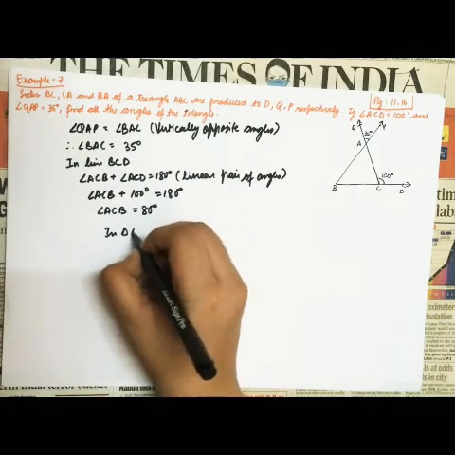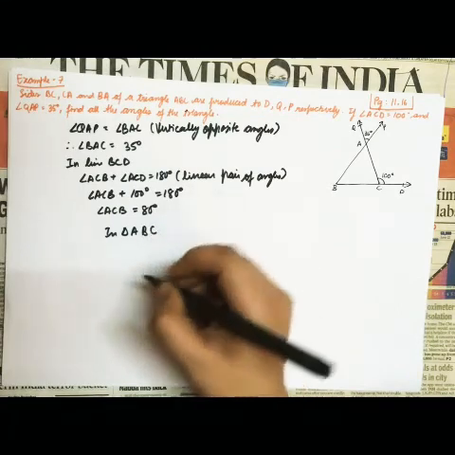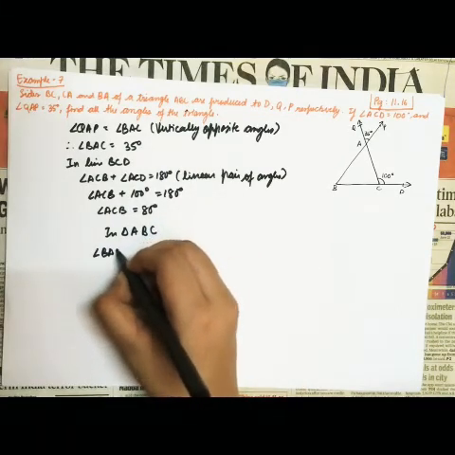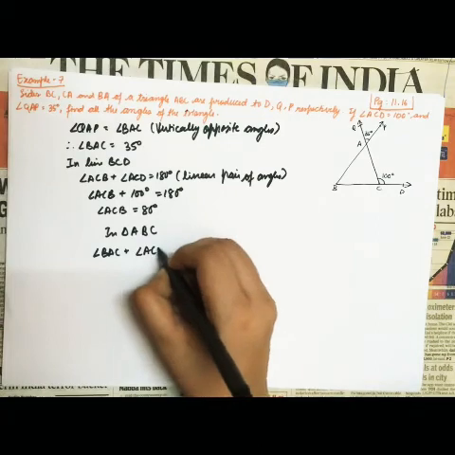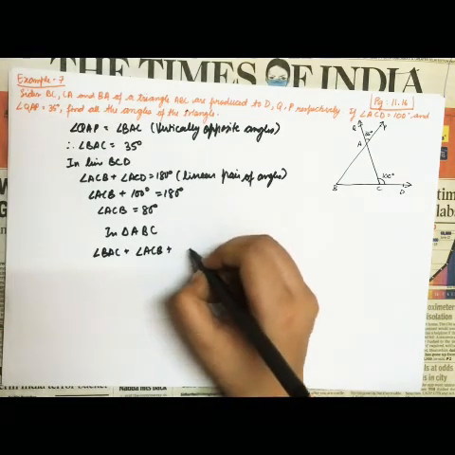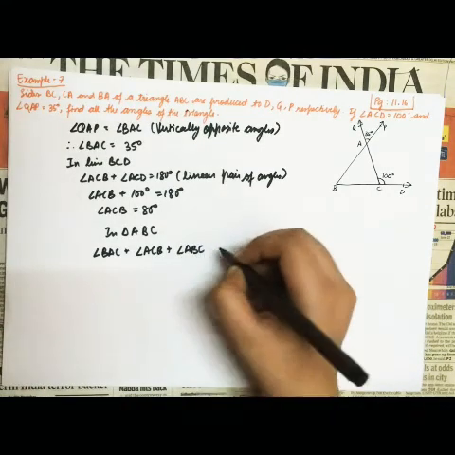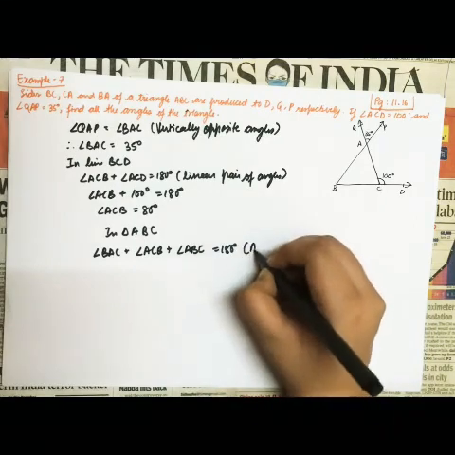Now in triangle ABC, angle BAC plus angle ACB plus angle ABC is equal to 180 degrees because of the angle sum property.